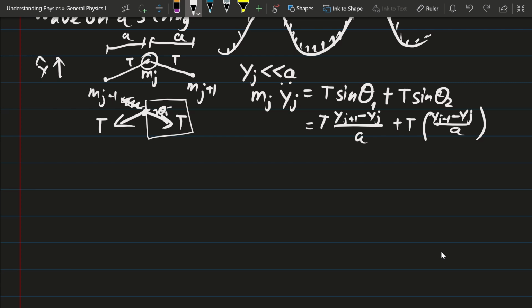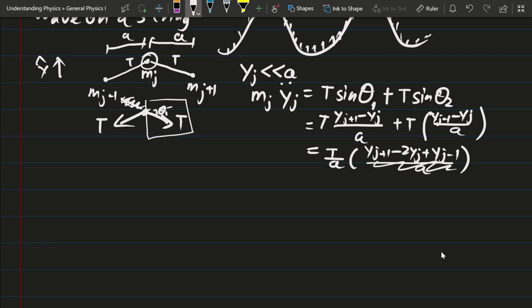So with this, we are able to write T over a (y_{j+1} minus 2y_j plus y_{j-1}) over a. That's our differential equation.